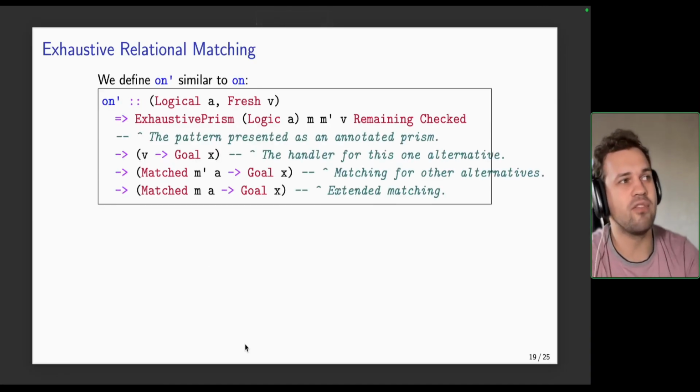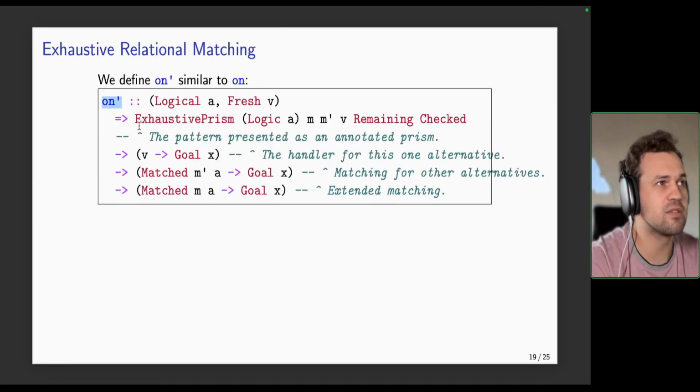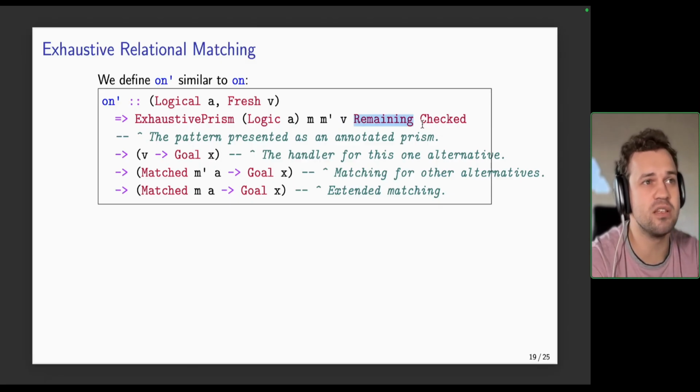And then we have a version of on that specifies the same thing, but it now converts some of the type information, and specifically it converts the cases from remaining to checked once we introduce a certain prism.